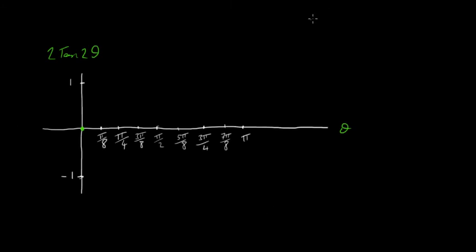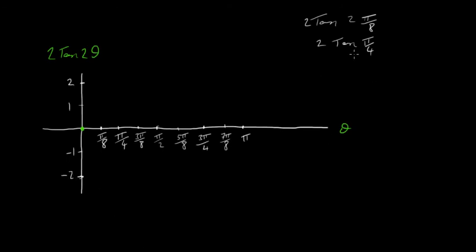So we want 2 tan 2 pi over 8. That'll give me twice tan pi over 4. So the tan of pi over 4, or 45 degrees, is, I'm going to change this as well. I'm going to change this, by the way, to 2, we'll change this to 1, we'll change this to -1, we'll change this to -2.